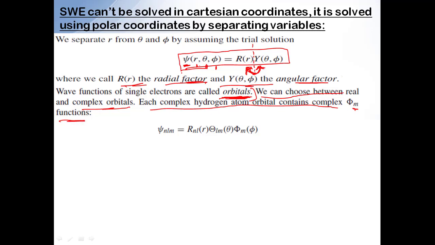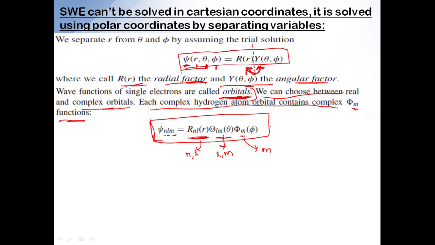If I want to write this in terms of this, as you can see on the screen, psi n l m is equal to R n l (r) times Theta l m (theta) times Phi m (phi). What it indicates is that r, the radial part, consists of n and l. The theta part consists of l and m. The phi part consists of m.